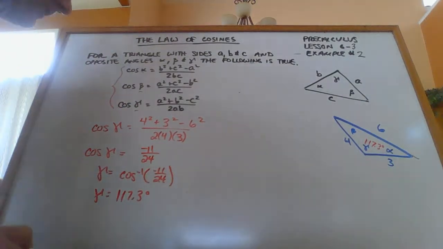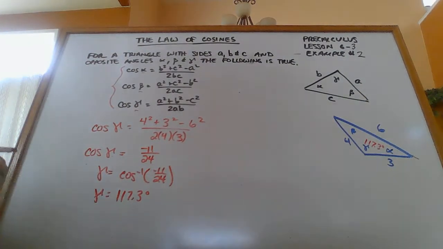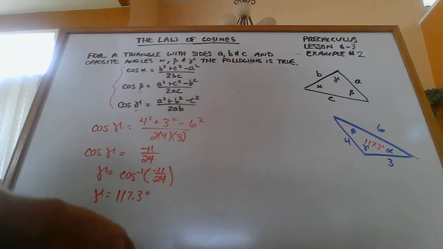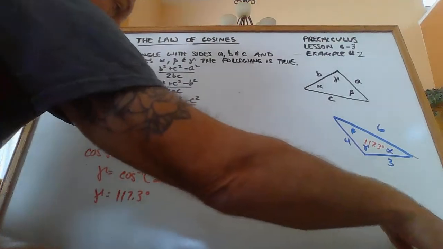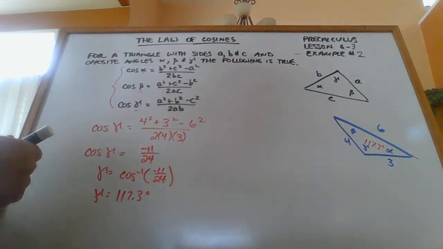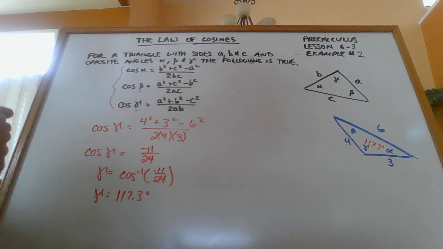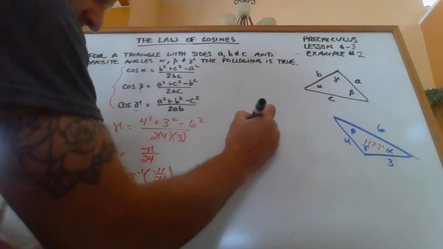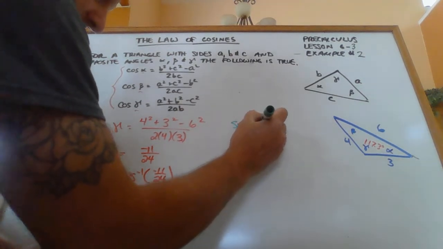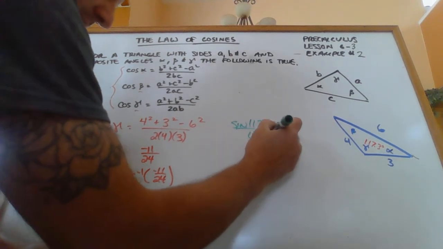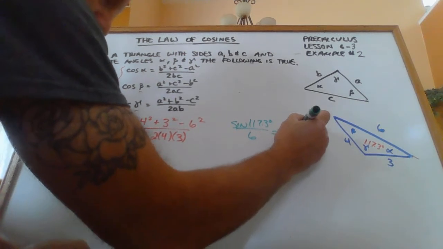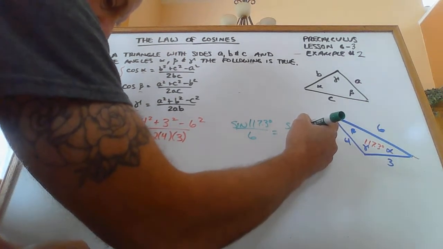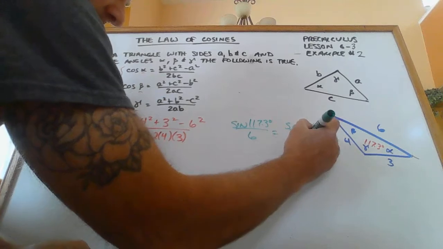Now, once I know the big angle, I don't have to worry about the law of sines having two answers because I've got the big angle, and that's the one that's always the problem. So now I can use the law of sines. So the sine of 117.3 degrees over 6 equals the sine of alpha over 4.